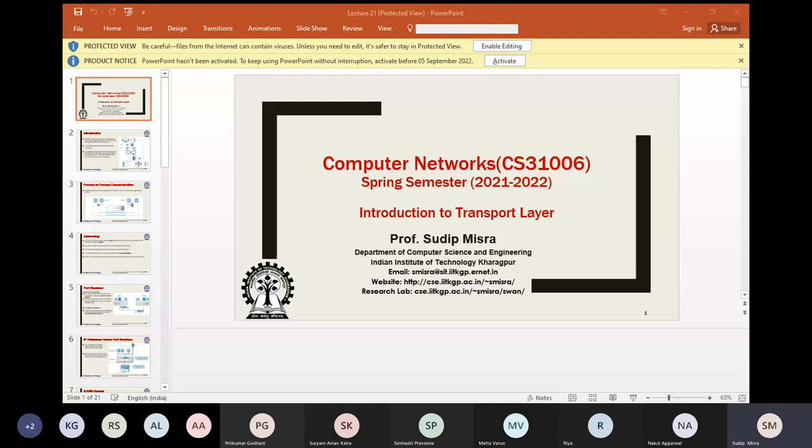Now let us try to understand the concept of addressing. What are the different addressing mechanisms in these layers? In the data link layer, what is the address called? MAC address. Very good. So in the data link layer, the address that is used is the MAC address.